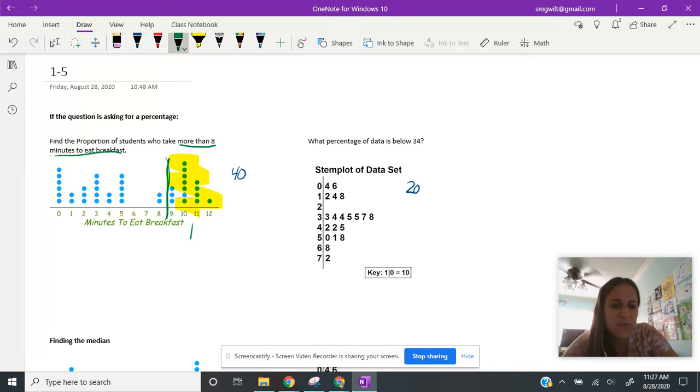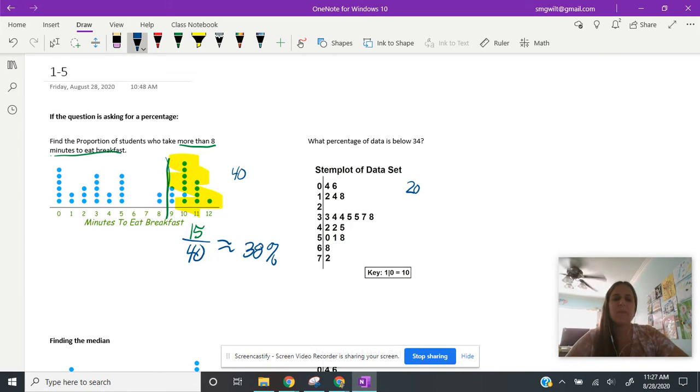So there's 15 students that take more than 8 minutes to eat their breakfast, but I have to divide that by 40 to get the proportion. If I divide 15 by 40, that gives me about 38%. So about 38% take more than 8 minutes.